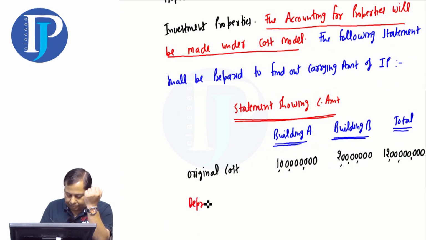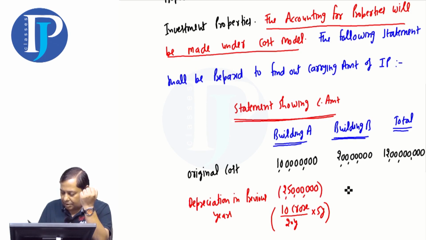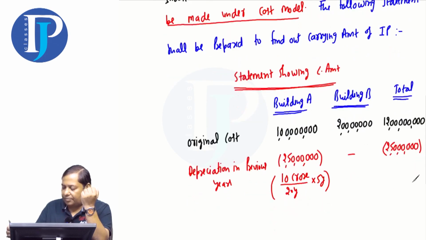Depreciation in previous years. We purchased the asset of 10 crores with a 20-year life. From 5 years ago, we have already applied a depreciation of 2.5 crores. The other asset we bought in the current year. If an asset is purchased in the current year, how will that have past depreciation?